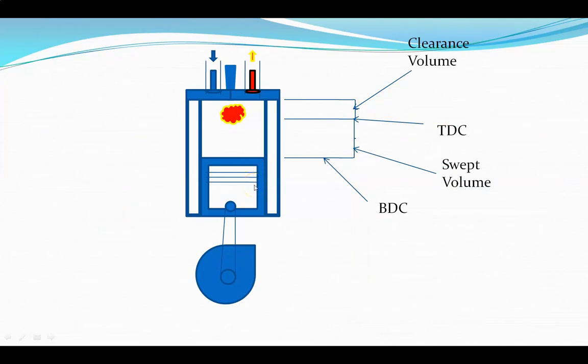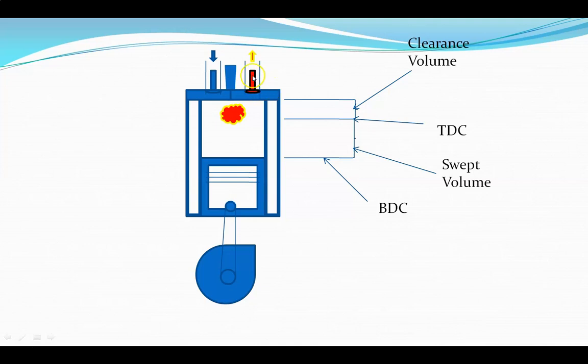This is a simple diagram to illustrate a typical reciprocating engine. This is the crankshaft and this is the connecting rod. This is the piston, and this is the cylinder. This is the cylinder block.